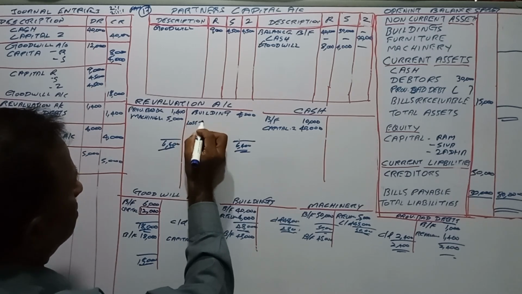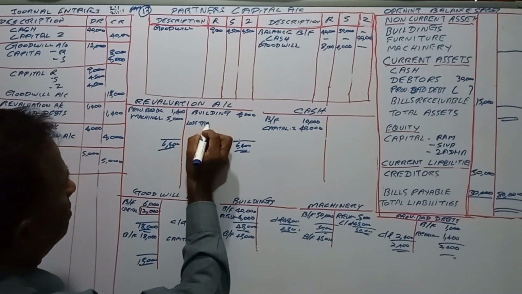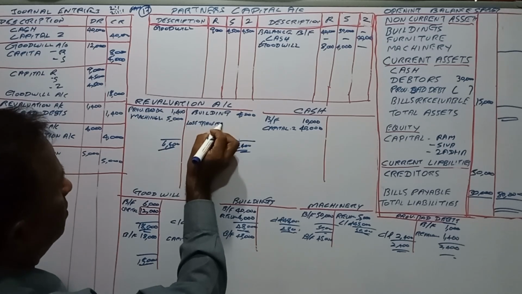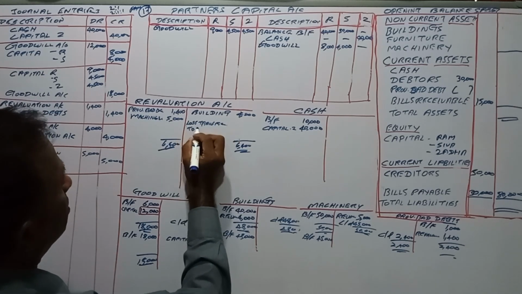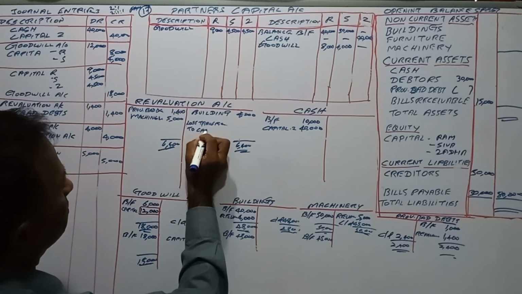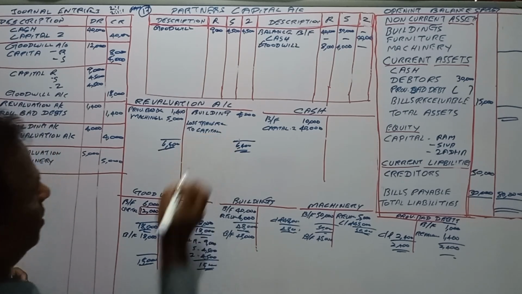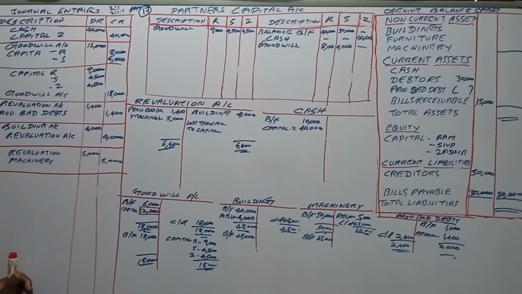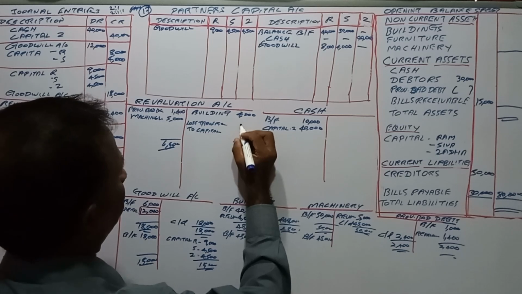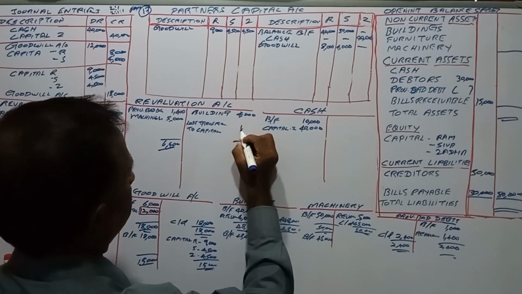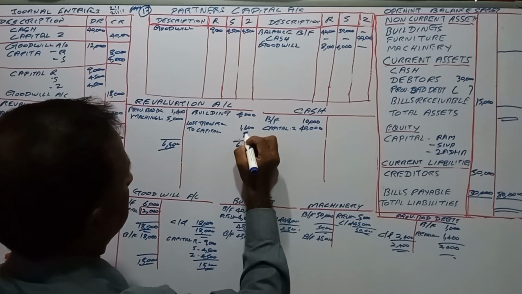Loss transferred to capital account. How much? 2,400. 2,400 in the sense 2 is to 1, 1,600 and 800.